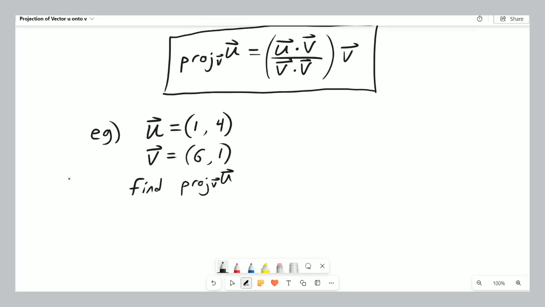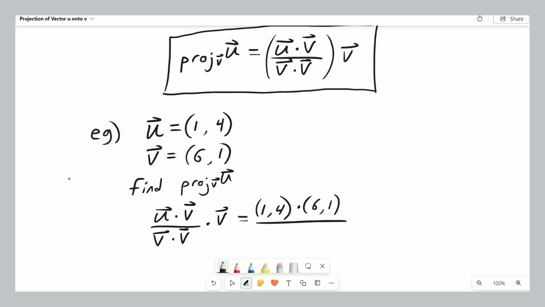So that is going to be equal to u dot v divided by v dot v multiplied by vector v. So we have 1, 4 dot 6, 1 divided by 6, 1 dot 6, 1 multiplied by vector 6, 1.